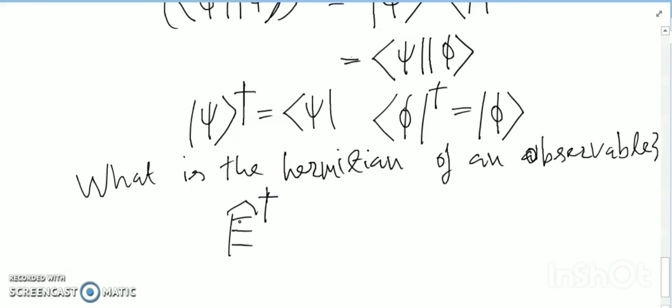Let's go over what we know about observables so far.